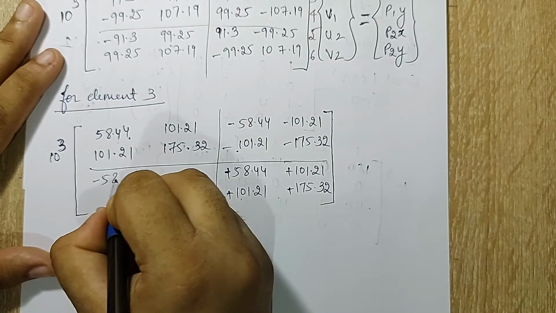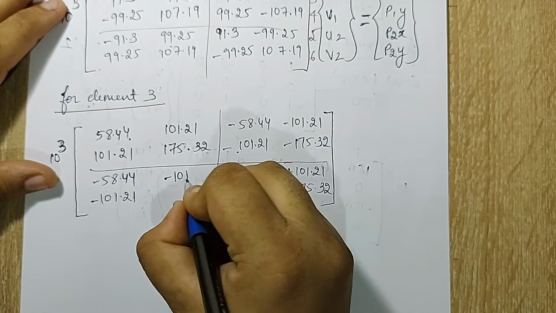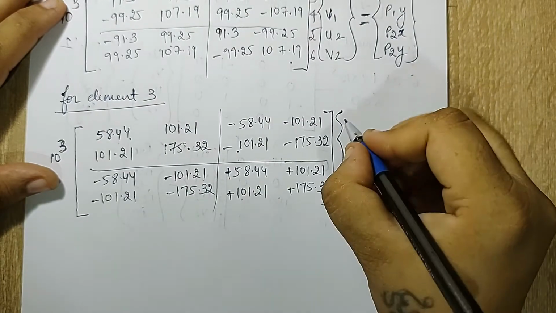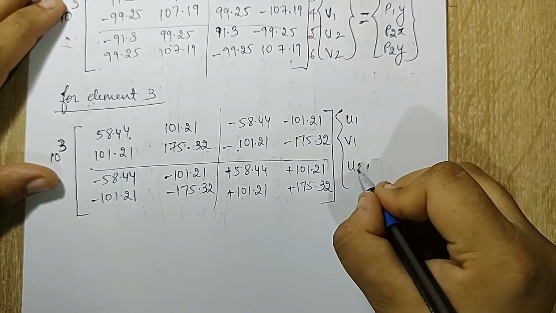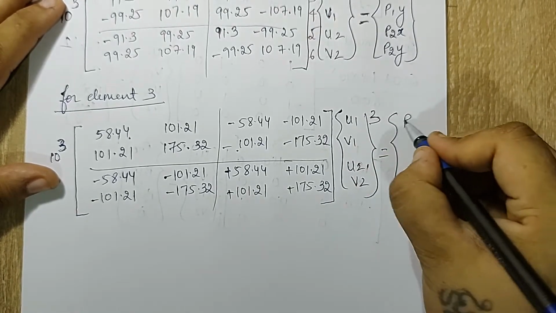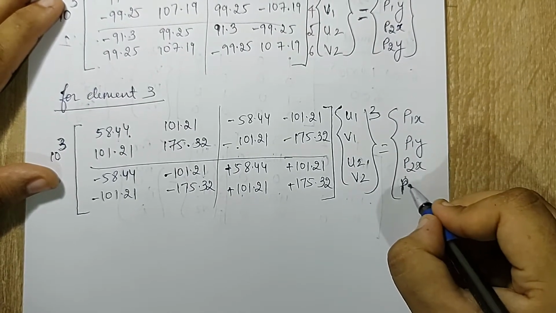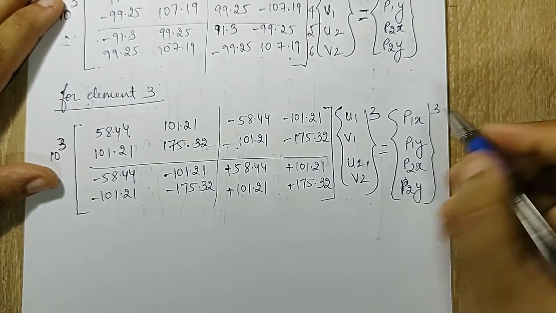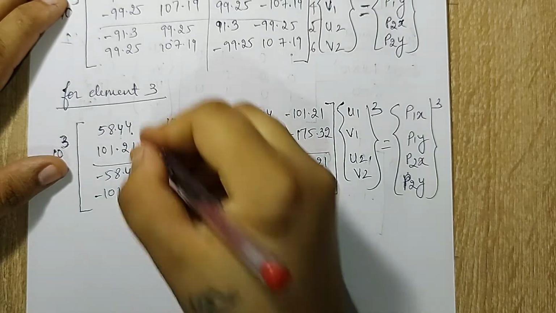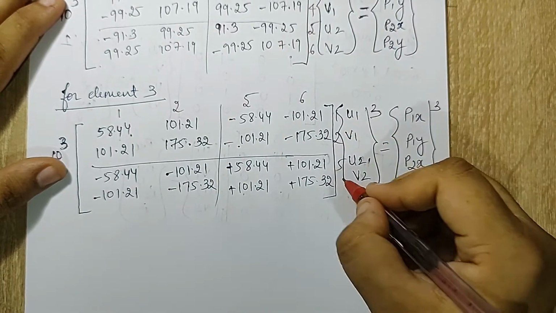Copy the same thing here. Here I have u1, v1, u2, v2 raised to 3. Element 3 is between node 1 and 3. So the degree of freedom for the first one is 1, 2, third one is 5, 6. So 1, 2, 5, 6.